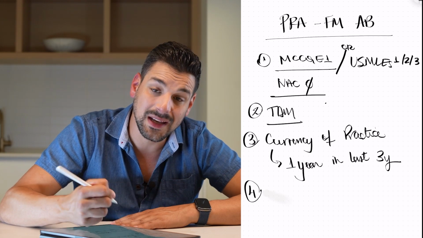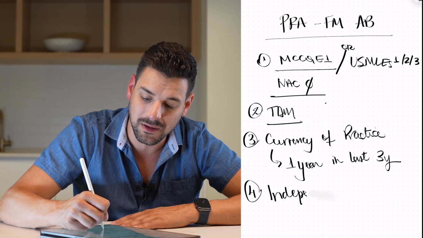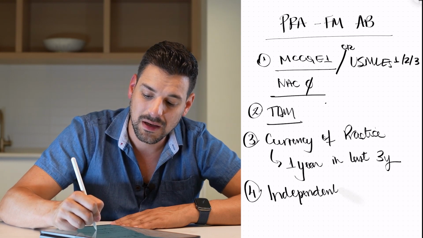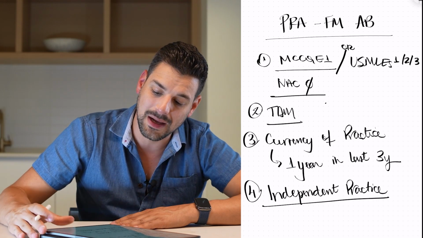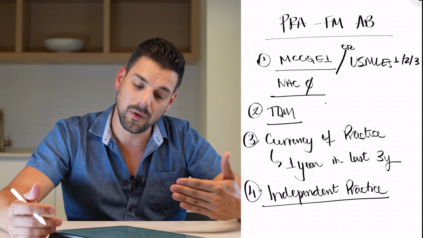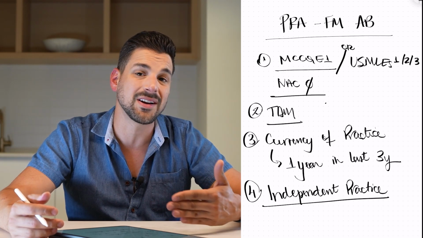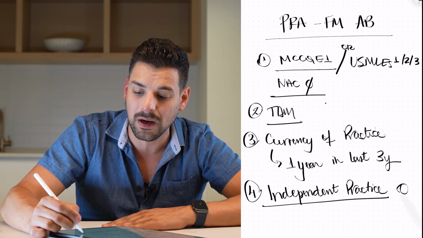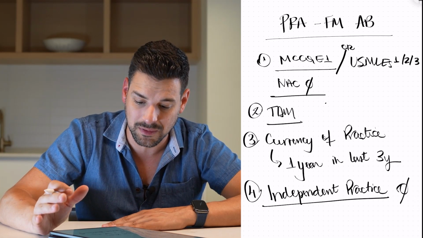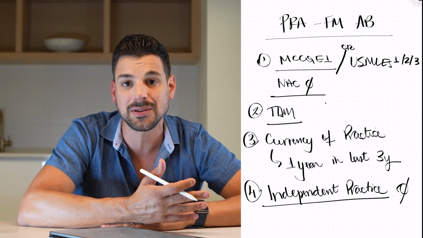Now, something very interesting about Alberta is that there is no minimum time of independent practice, which means that you would be able to apply for the practice ready assessment if you were fresh out of a residency program, for example, okay? So there is no requirement of independent practice experience, but you must have practiced for 1 year in the last 3 years.